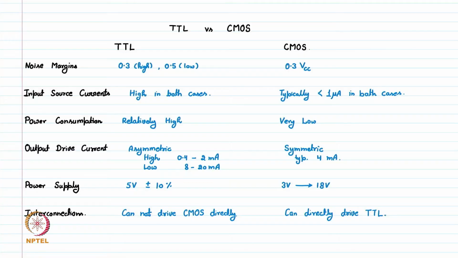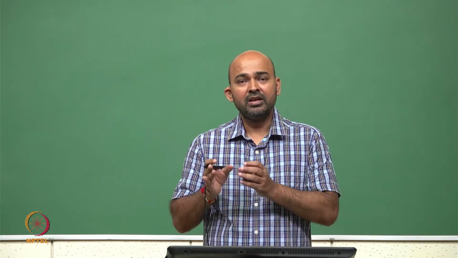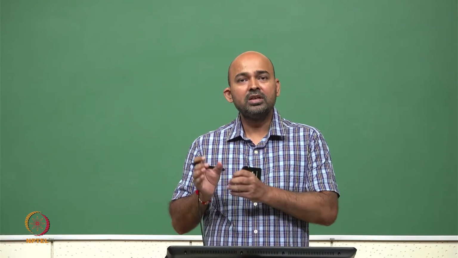Then we come to power consumption. The power consumption of TTL gates is high relative to the CMOS gates, because for every operation we are flowing certain current either from the input or to the output. So this has a relatively high power dissipation compared to CMOS, where CMOS draws current during the transition only.